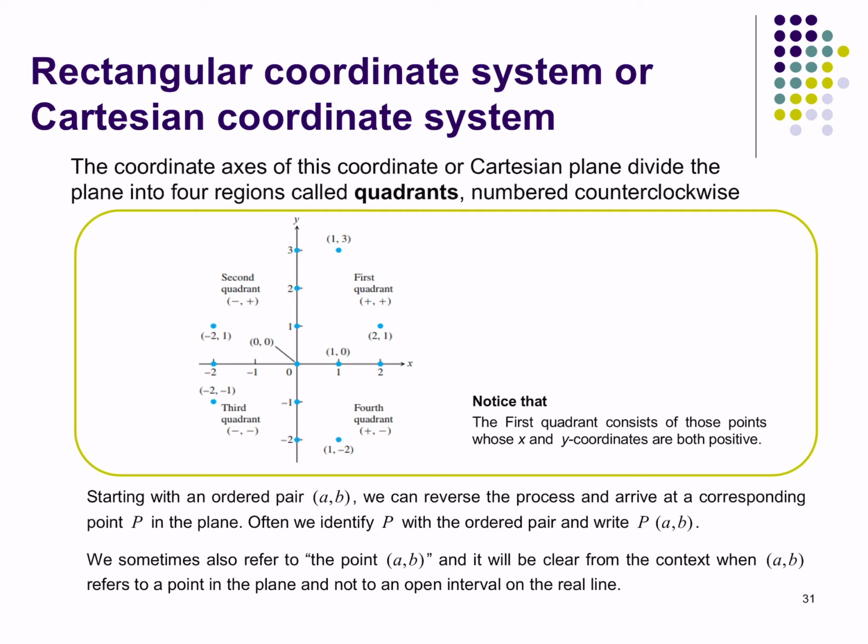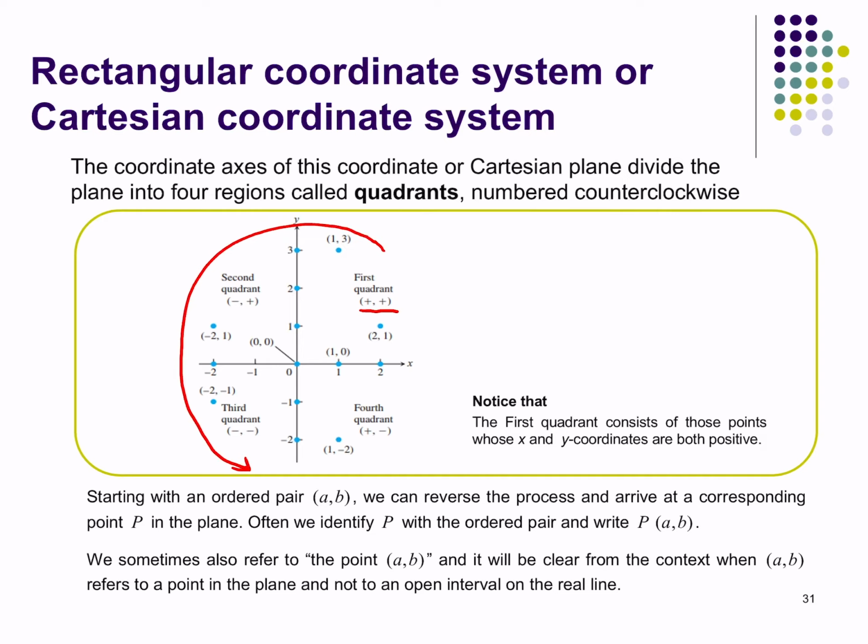When you move from the first quadrant to the second, to the third, and to the fourth, as you can see from this figure, we move through the quadrants in the anti-clockwise direction. Just to emphasize again, the first quadrant is located along the positive x, positive y.